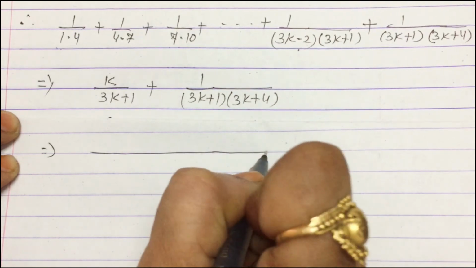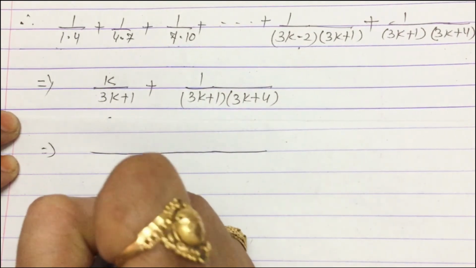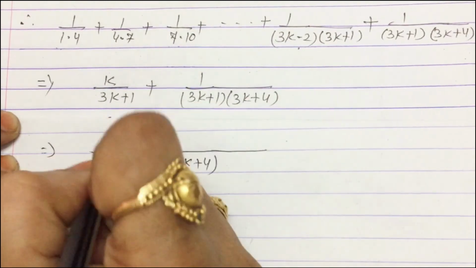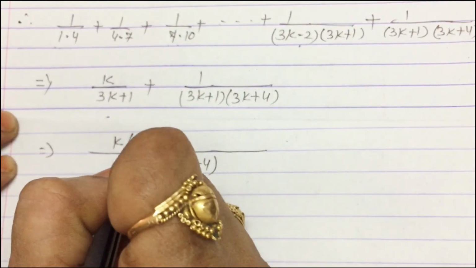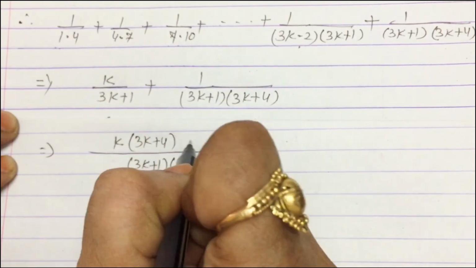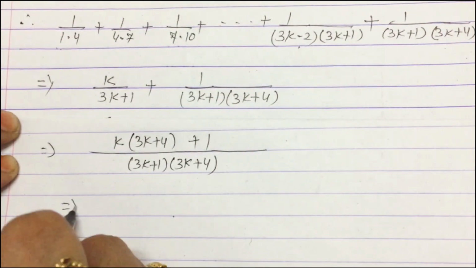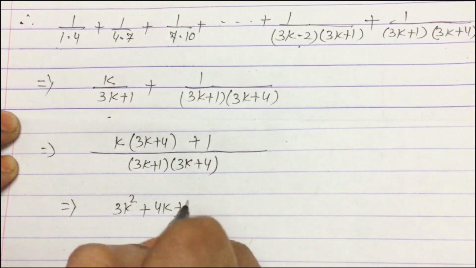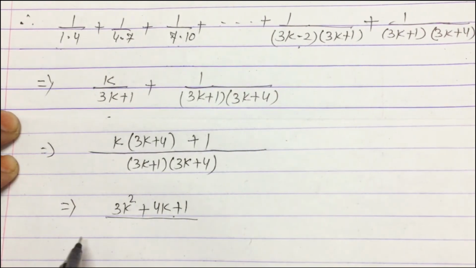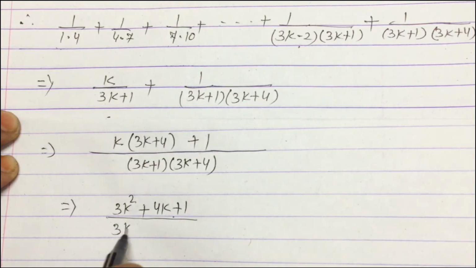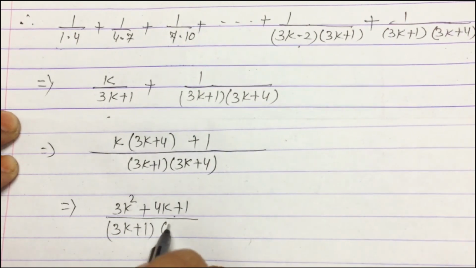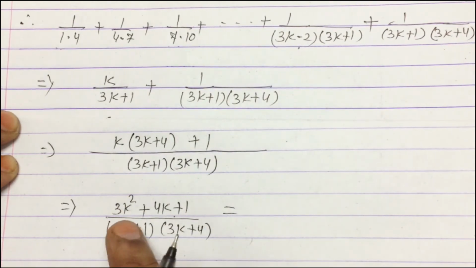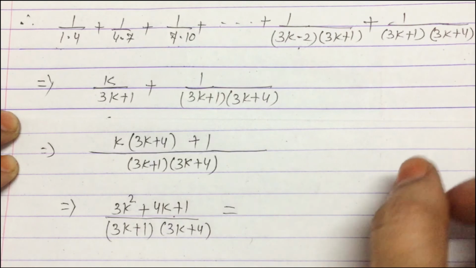Okay, you will get 3k plus 1 into 3k plus 4 in the denominator. Okay, and here k into 3k plus 4 and plus 1 only. Now it's 3k square plus 4k plus 1 over 3k plus 1 into 3k plus 4, and now factorize. Okay, apply the middle term split method.